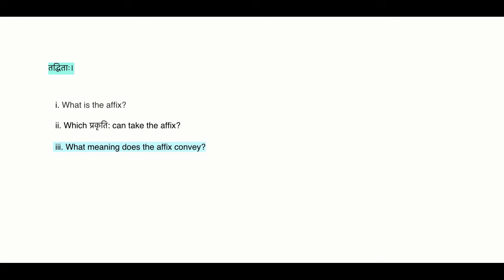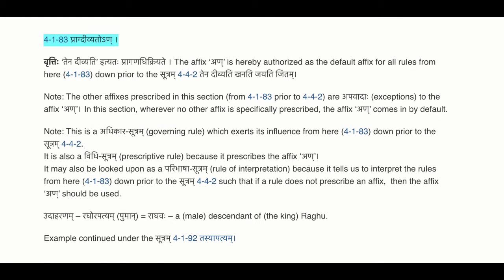Okay. With this background, let us begin by taking a look at the sutram which prescribes the default affix for the rules in the section from 4.1.83 down prior to 4.4.2. The sutram is 4.1.83 Pragdivyato'n. A simple sutram, Prag Divyataha An, is the padaccheda. The Vritti says, Tena Divyati Ityataha Prag An adhikriyate.